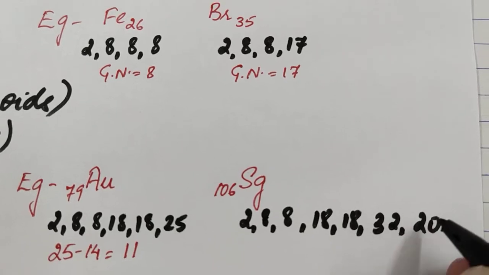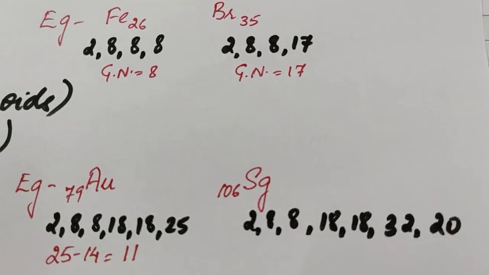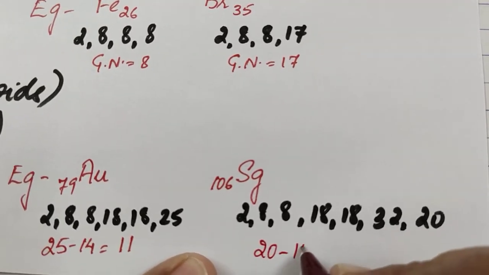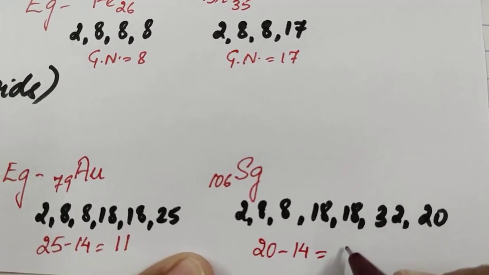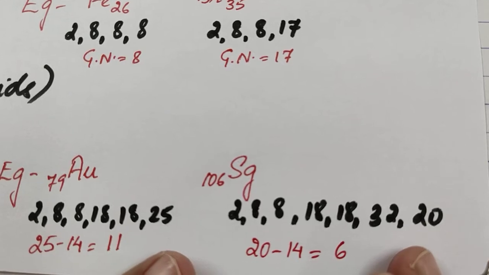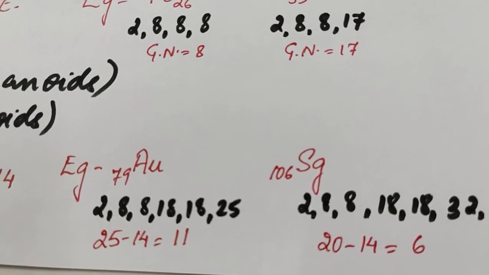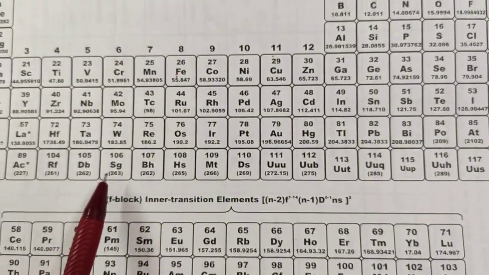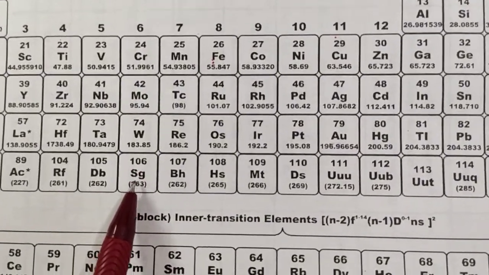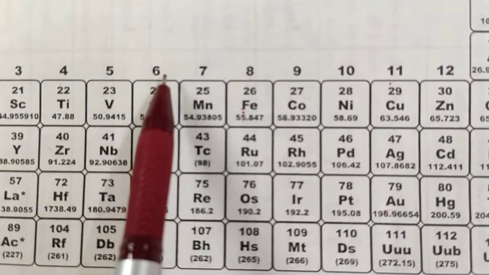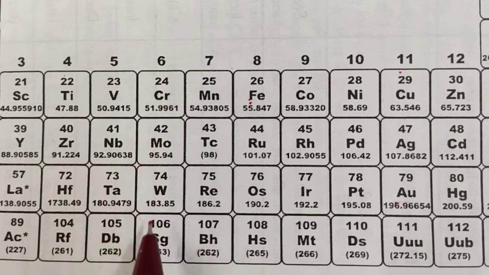So the valence electron number will be 20. According to the rule, I will deduct 14 from 20 and that gives us 6. So that means our group number will be 6. Let's check this. Element number 106, Seaborgium, according to our result, falls into group number 6.